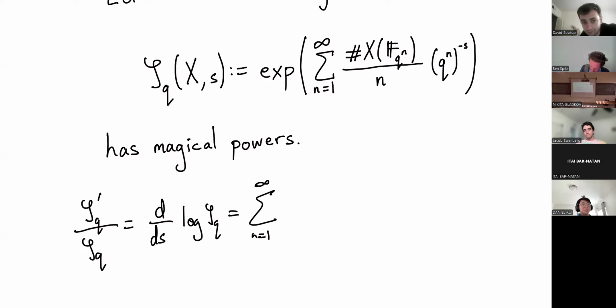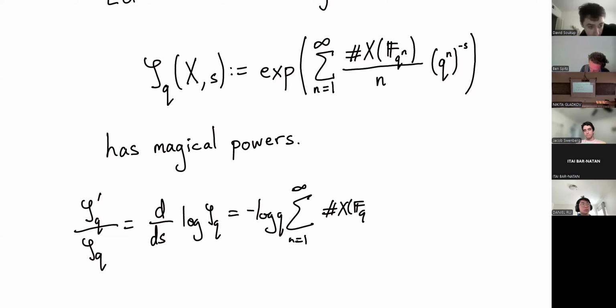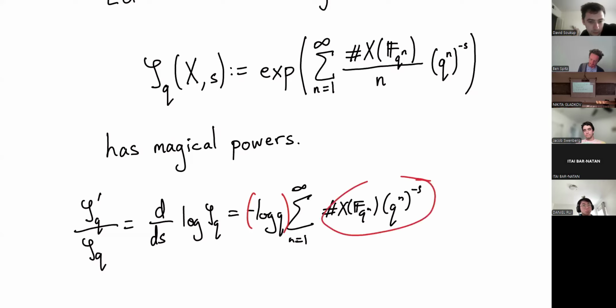And so I get this n coming down to cancel this guy. And so I get something like a negative log of q out front, and then the number of points over F_q^n times q to the n to the minus s, something like this. I think that's right. And so this is just a constant, and this maybe looks more related to that thing. So the logarithmic derivative of the zeta function is closer to being a nice generating function.